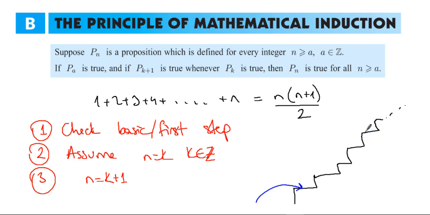Then you will assume that it's correct, let's say it's correct for the k step. If it's correct for the k step, can I walk from this step to the k plus 1 step? If you can, this formula shows it, then you say that you can prove it. You prove that this statement is correct. So this one is the assumption. By using the assumption, we are going to prove the k plus 1 step.